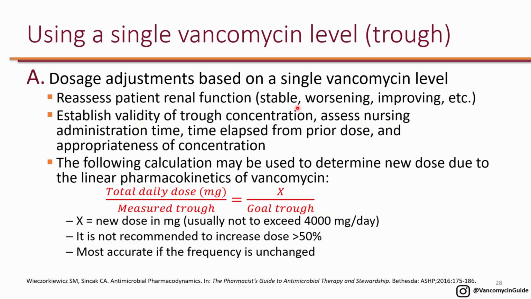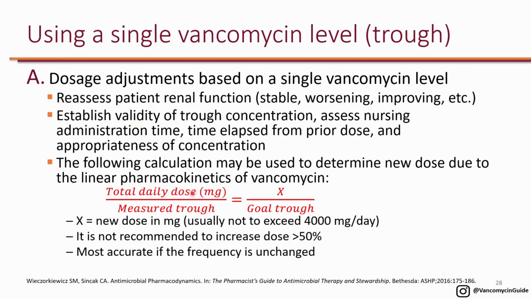Once you establish that the level was actually a trough, then you can use a simple proportion to estimate how to adjust the dose. And this equation of proportions only works with total daily dose. For example, if somebody was receiving 1 gram Q8, then the total daily dose would be 3 grams.